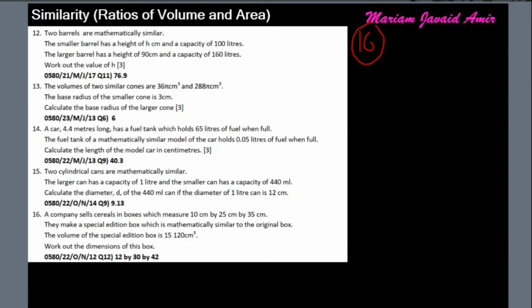Okay, so we have a box of these dimensions. This is a very weird looking box. Let's say, 10 by 25 by 35.